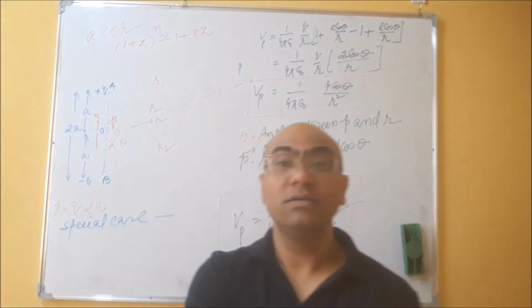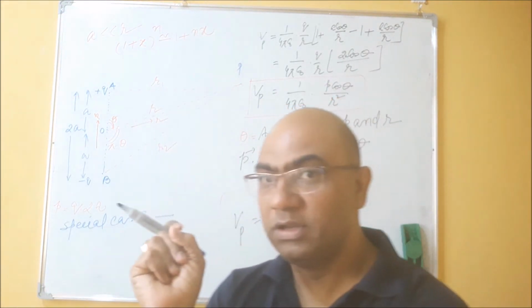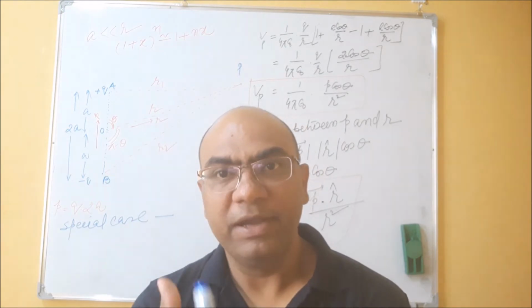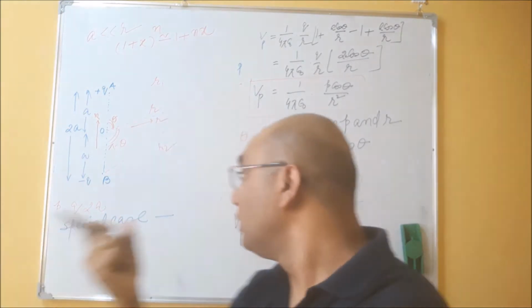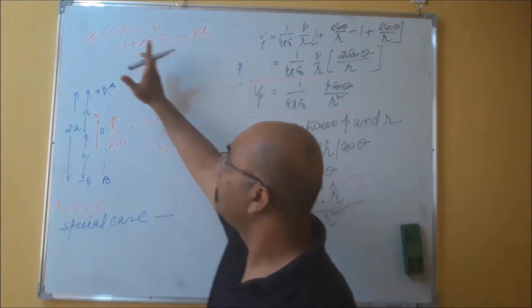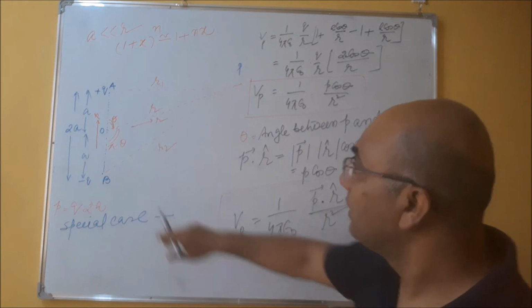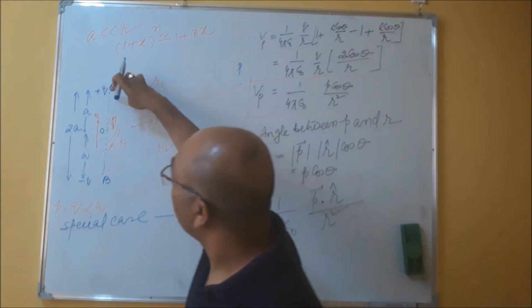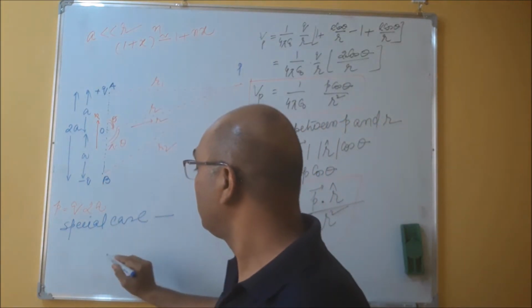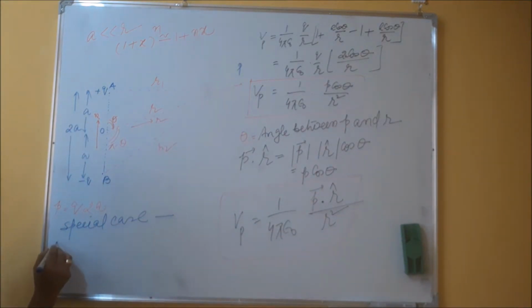That we have already done in chapter 1 for electric field due to a dipole. The same thing I am repeating here for the potential value. So for the first case, if you see, this point P is going on this line.